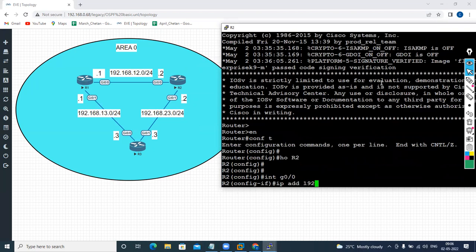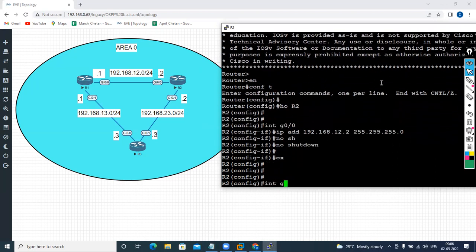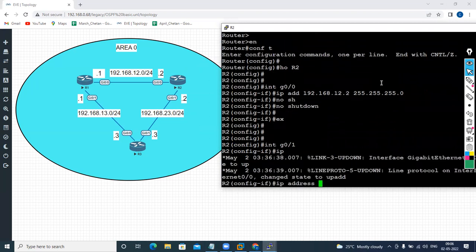IP address will be 192.168.12.2/24. Interface 0/1. The IP address will be 192.168.23.2/24.